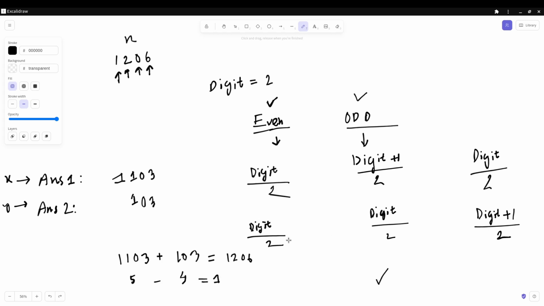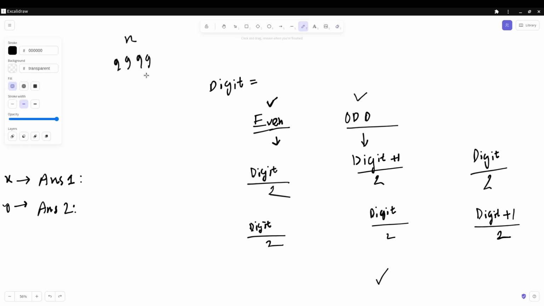Now we go to another example, where n is 9999. We extract the first digit, which is 9, so it goes to the odd case, and in this formula 9 plus 1 divided by 2 is 5. So we give 5 for x, and 9 by 2 is 4 for y.